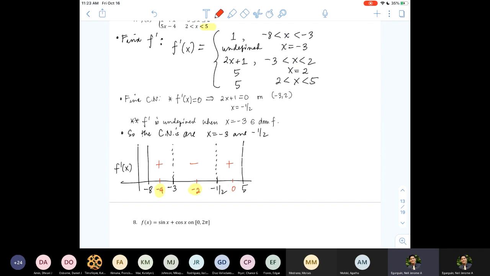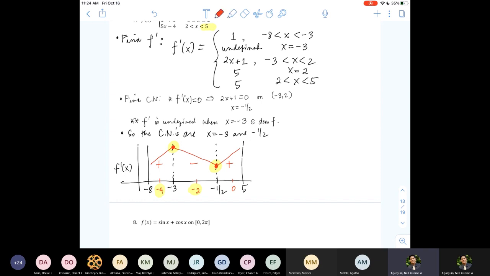And then here we know that the function is increasing from -8 to -3, so it's increasing. It hits the critical number -3, but after that it starts decreasing until it reaches -1/2, after which it will start increasing again. Okay, so that means here we will have a local maximum, here we'll have a local minimum, right?